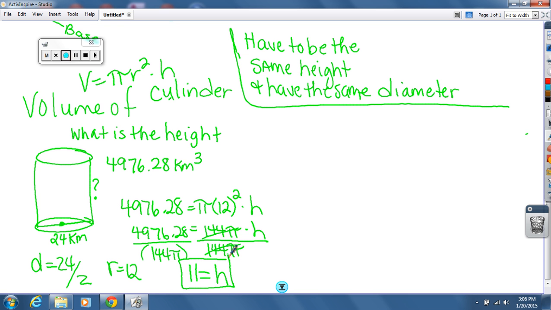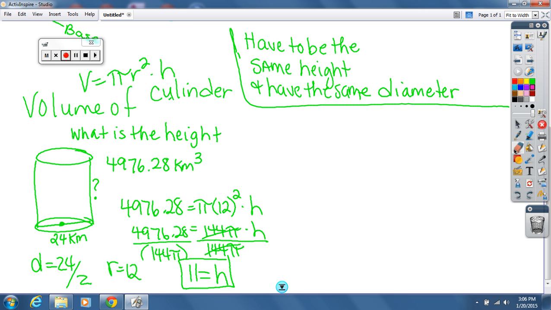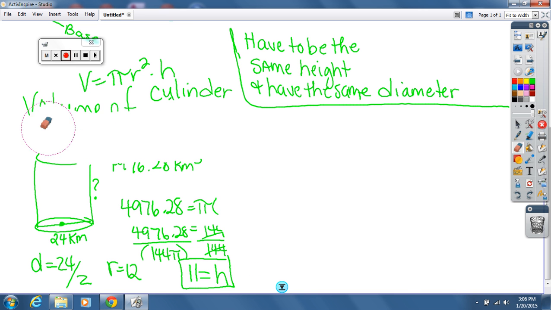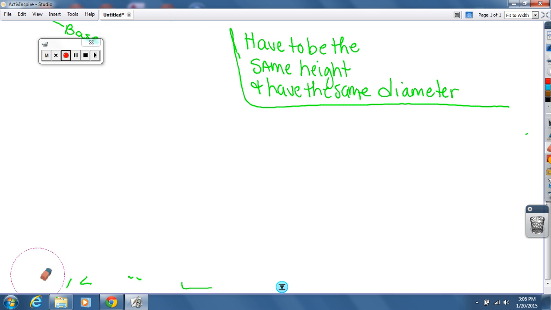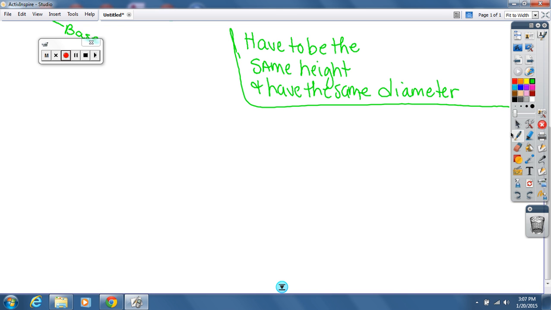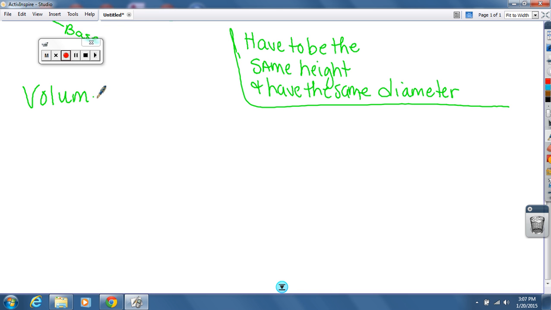So let's go on to a cone. Now when I talk about a cone, remember it takes 3 cones to make up a cylinder. So when I do the formula, the volume of a cone is just 1/3 of a cylinder.